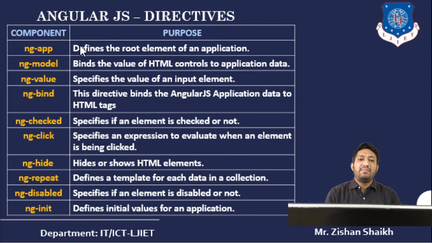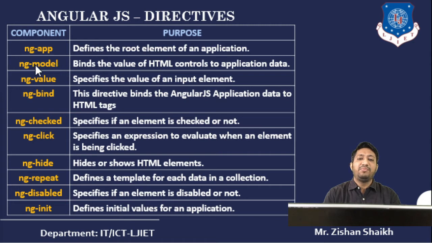That is the root of your application. If the scope is a specific division, then ngApp will be defined in that div. If I want to implement AngularJS functionality in the whole HTML page, then ngApp will be defined in the HTML tag. You can also give a name to ngApp.